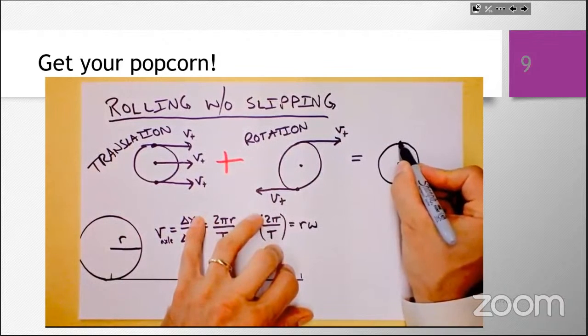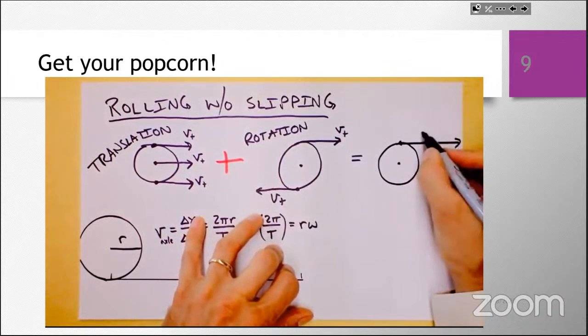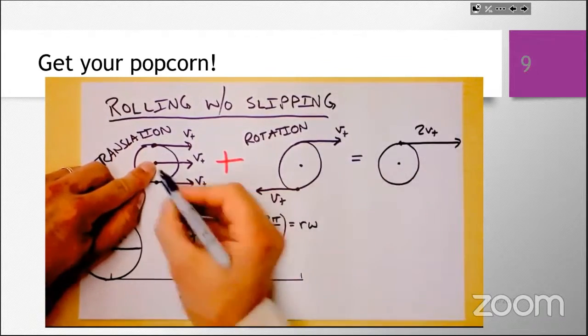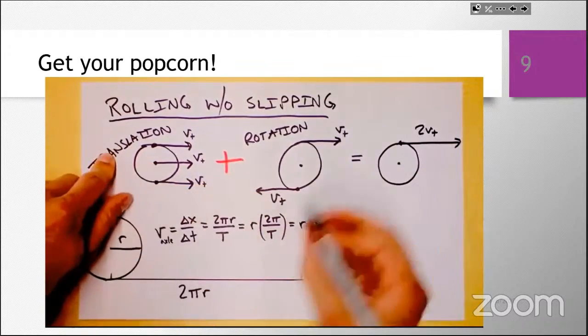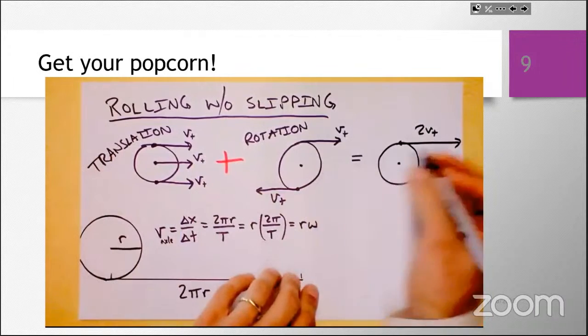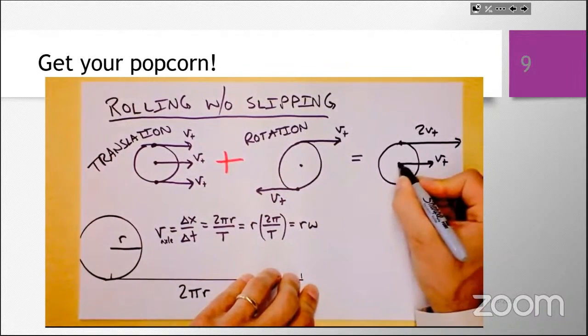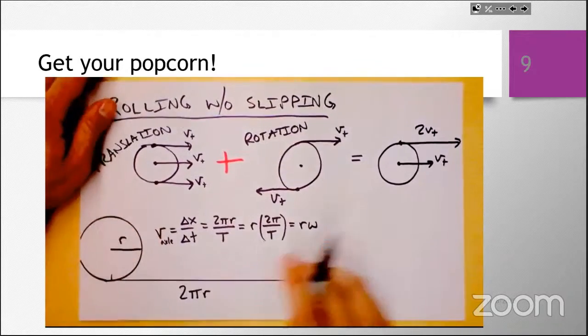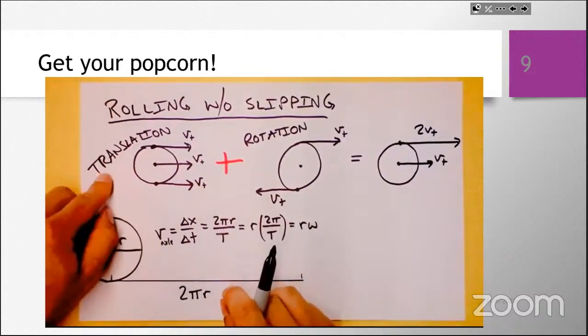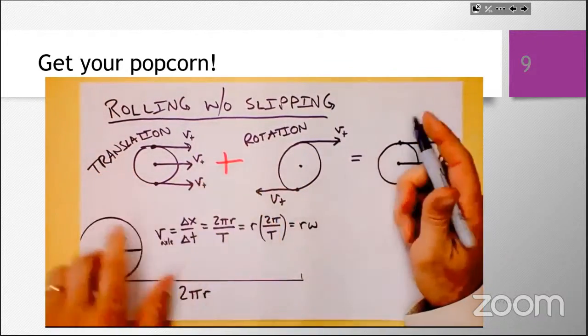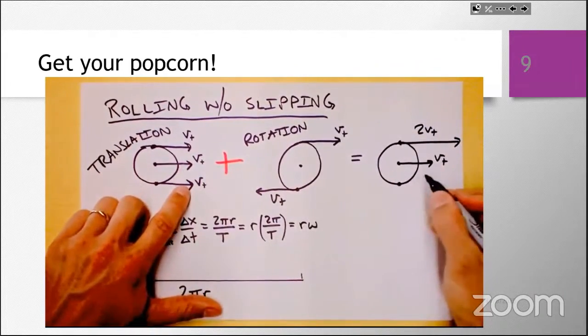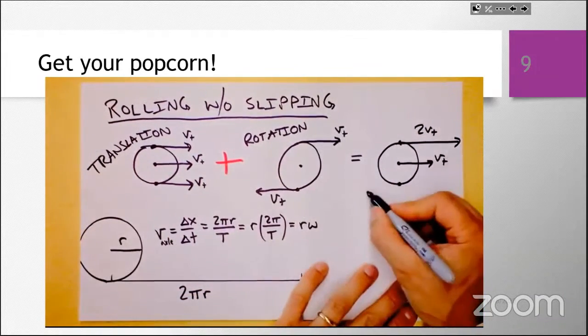So at the top, we've actually got twice the tangential speed. That's 2 times VT. For the center, we've got tangential speed from the translation and no speed at all from the rotation, so we have simply VT on the axle. And on the bottom, we've got tangential speed that way from translation and tangential speed that way from rotation, and in fact, the bottom is at rest.